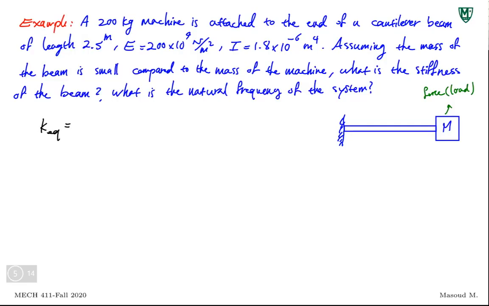So for the stiffness of a cantilever beam, we're trying to replace this beam with a spring, right? What we want is a spring with the mass attached to it. So what is the equivalent spring for this cantilever beam when we are looking at the oscillation of the tip?